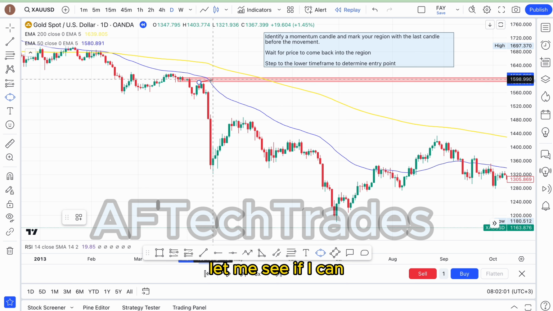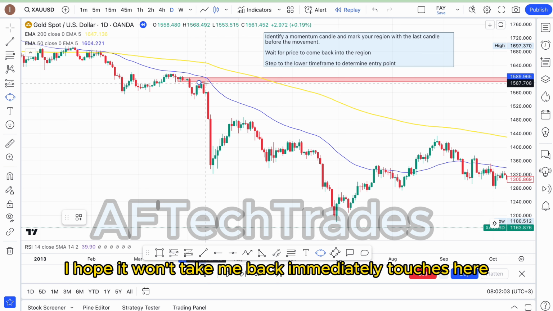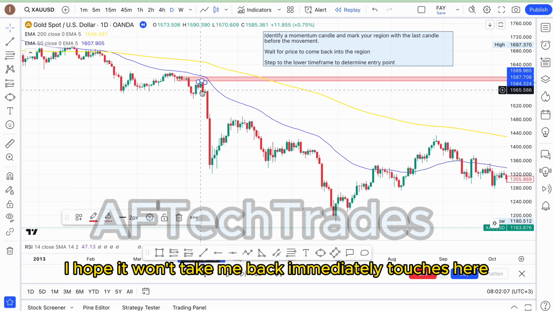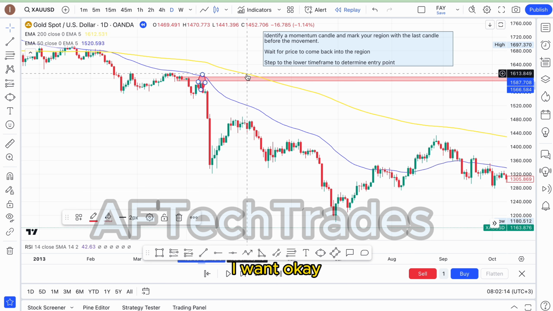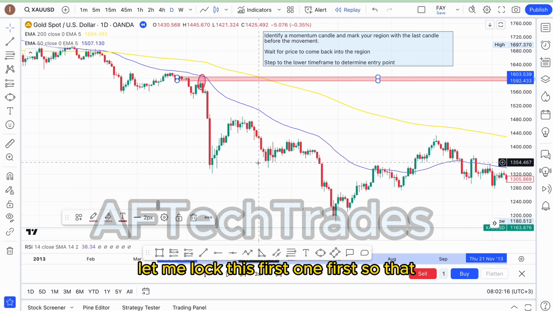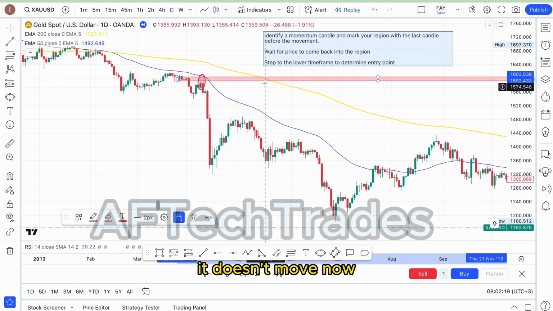Let me see if I can. I hope it won't take me back. Immediately it touches here. Let me lock this first one so that it doesn't move now.